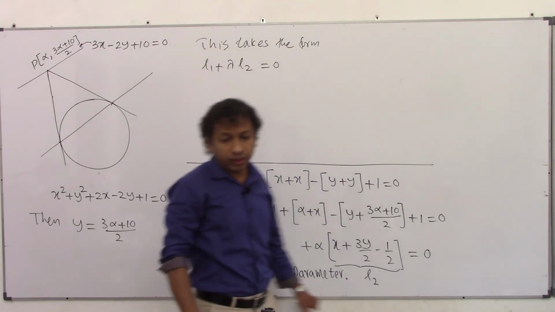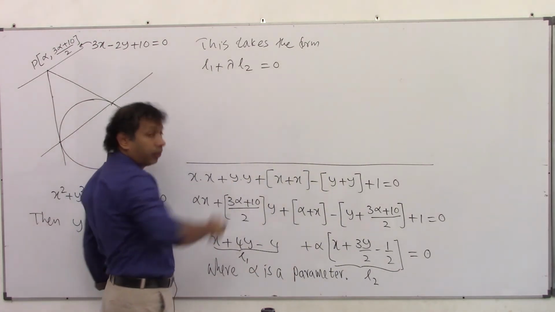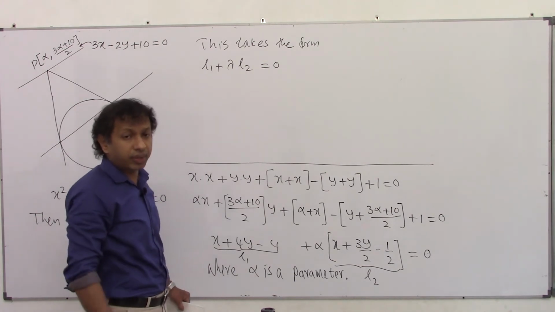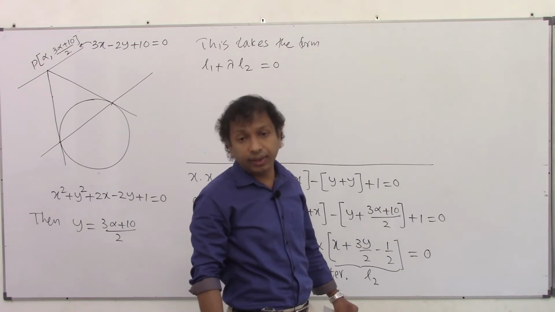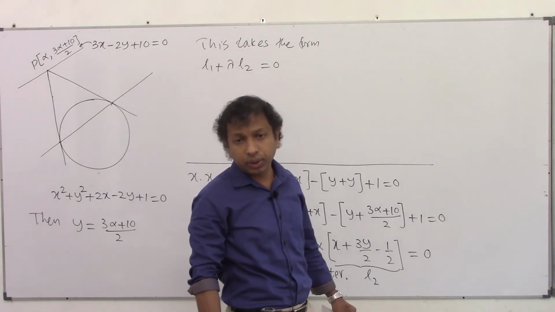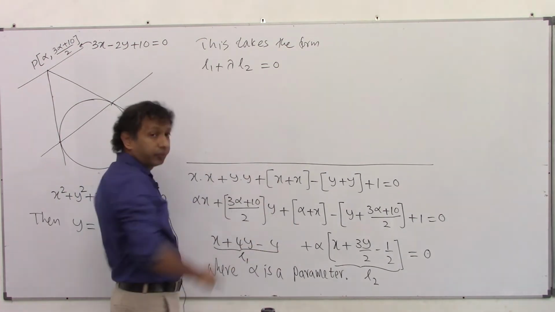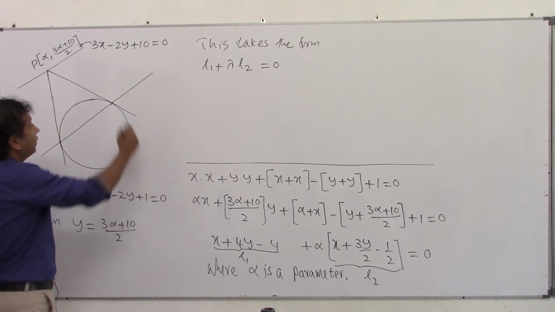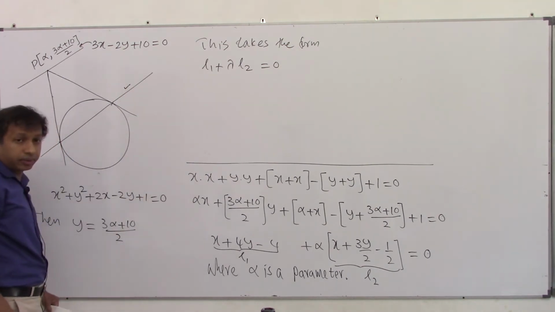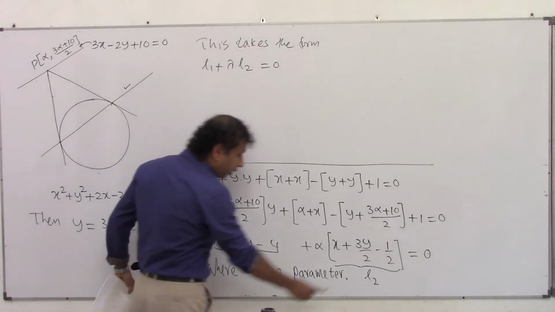Because you know, in the theory part of straight lines, such an equation where lambda is a parameter represents any straight line passing through the point of intersection of the straight lines L1 and L2. So by using that we can say this chord of contact passes through the point of intersection of this line and this line.